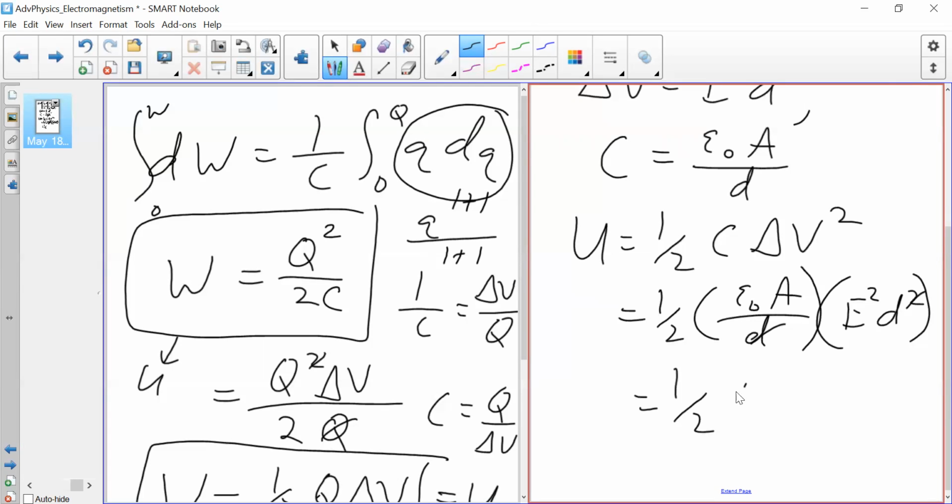So 1/2 epsilon naught E squared A times D. So this right here is our energy in terms of those new expressions.